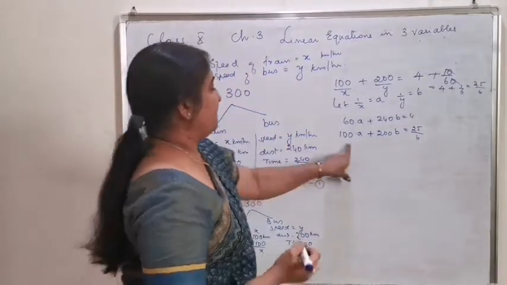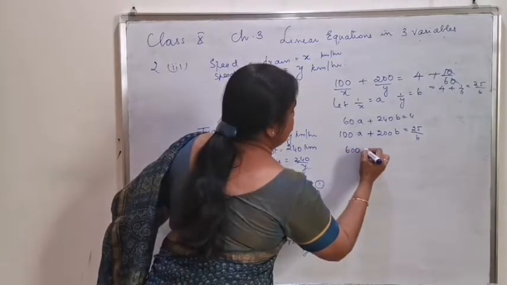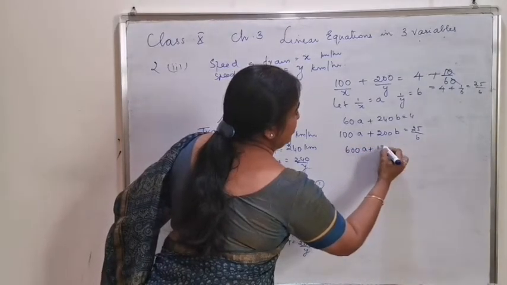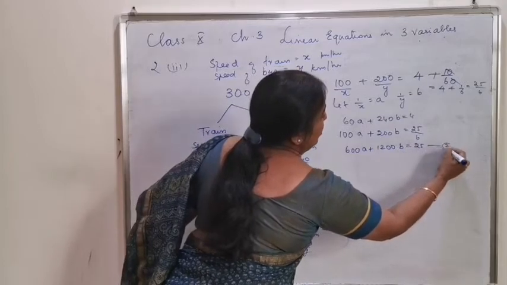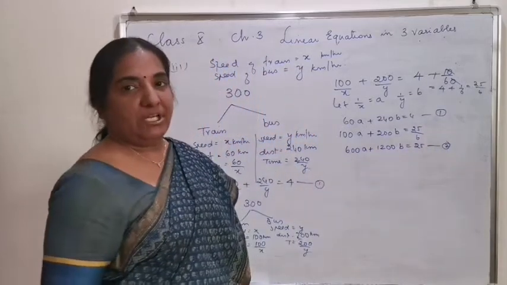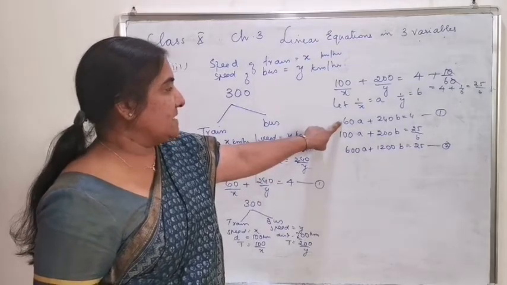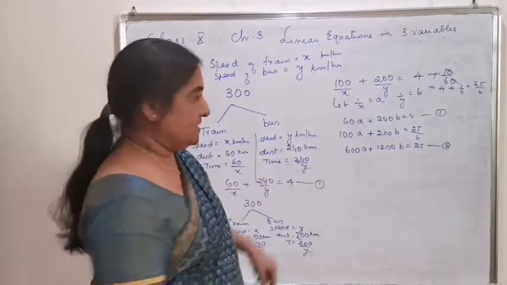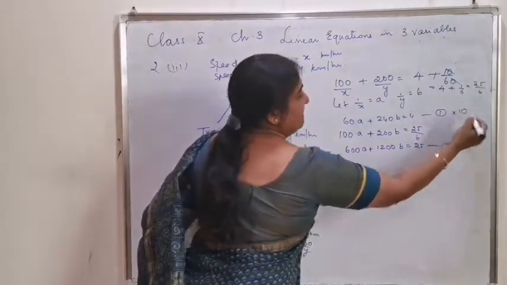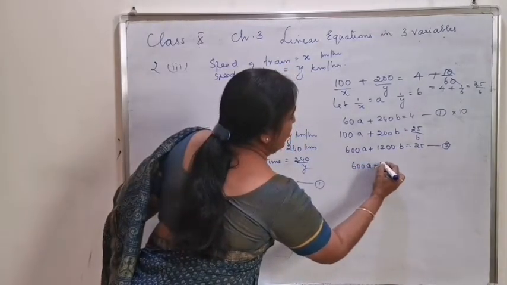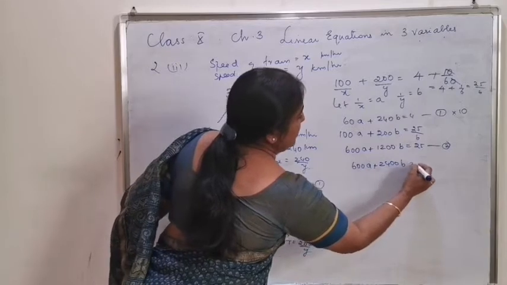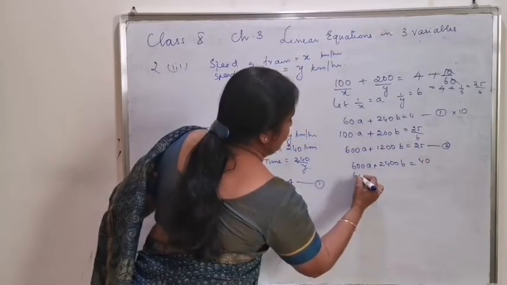By taking cross multiplication, it becomes 600a plus 1200b is equal to 25. Take it as equation number 2. 60 and 600. First equation, you have to just multiply by 10. It becomes 600a plus 2400b is equal to 40.